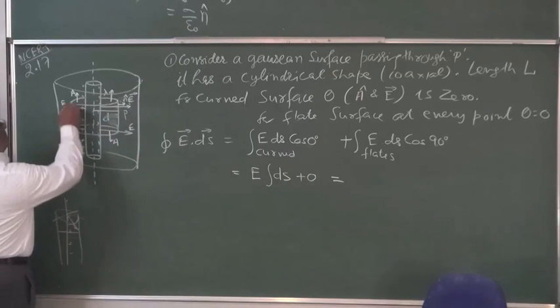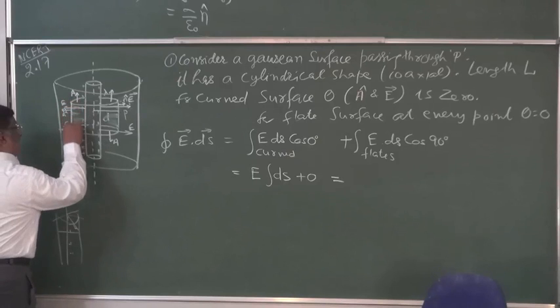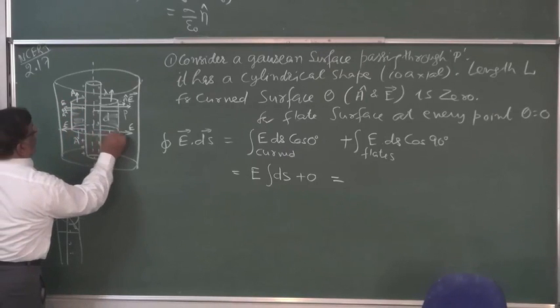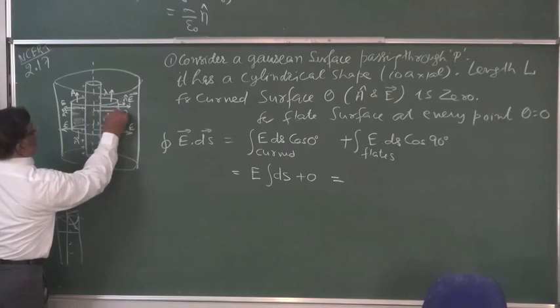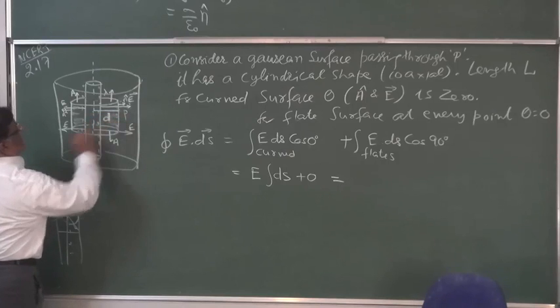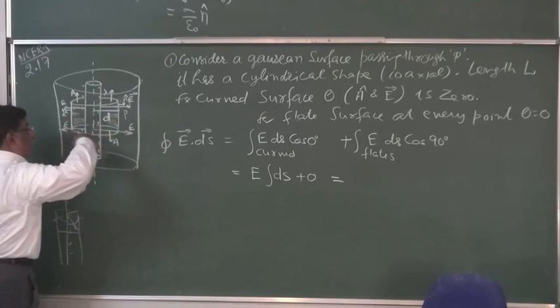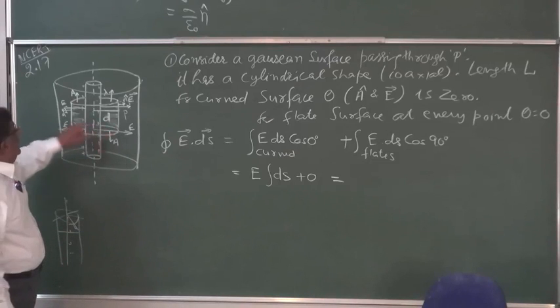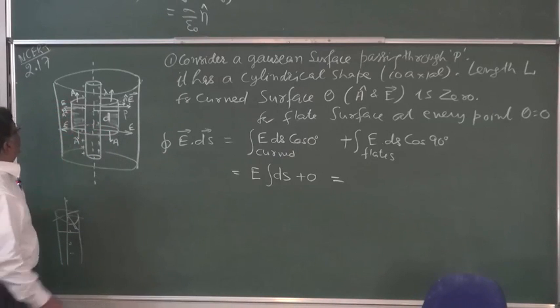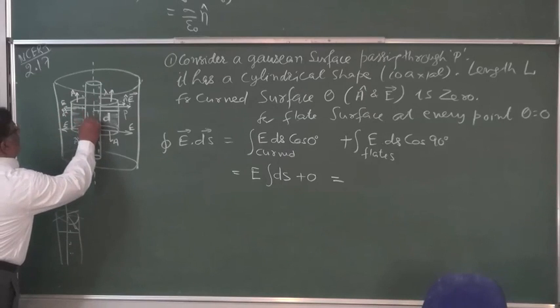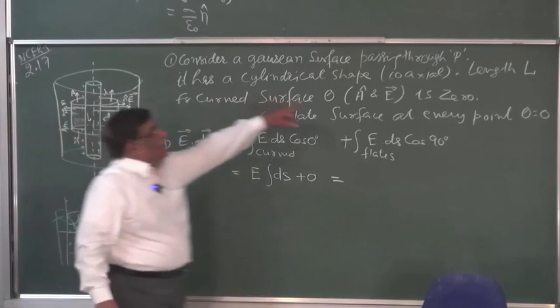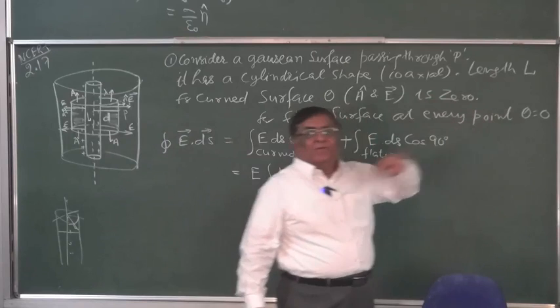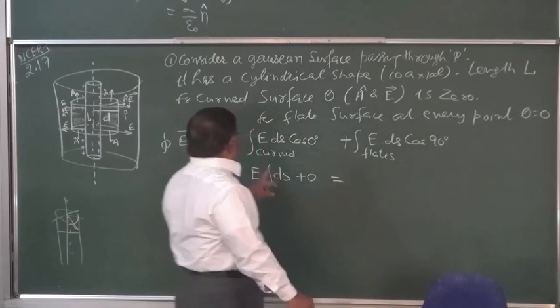So in the next step, closed integral dS of the Gaussian surface. This Gaussian surface has a certain length and a certain radius. How much is the radius from this place to this place? It is d. So the base circumference is 2 pi d, and this length we have taken as L. So how much is the curved surface area?